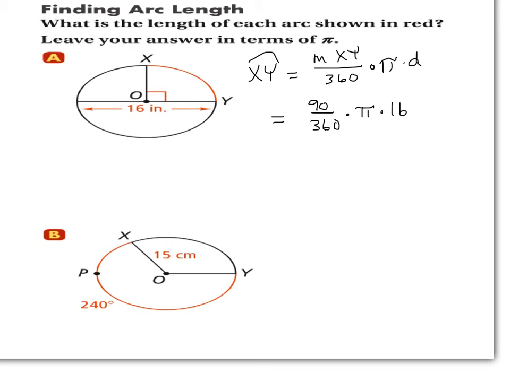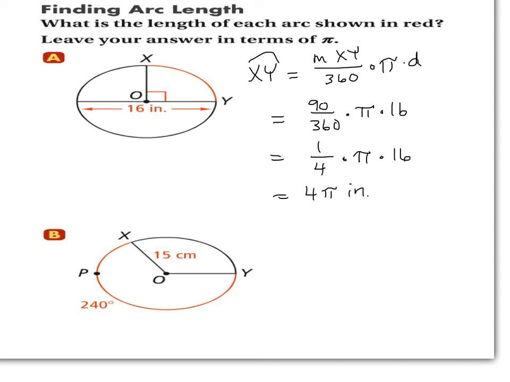If I simplify 90 divided by 360, you get 0.25 or 1/4, times pi times 16. And 16 times 1/4, or 16 divided by 4, is 4 pi. We're going to leave this in inches.